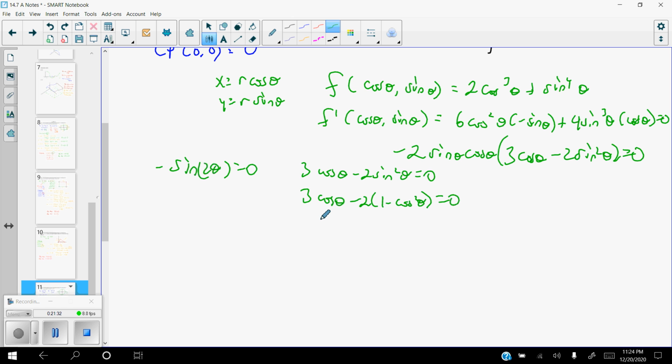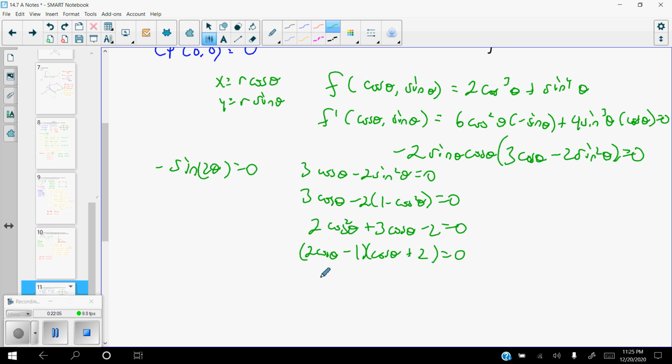We're going to get 2 cosine squared theta plus 3 cosine theta minus 2 equals 0. And then that does factor. That'll be 2 cosine theta, and it's going to have to be a 2 and a 1. And it's going to have to be a positive and a negative. I believe that that's going to work.